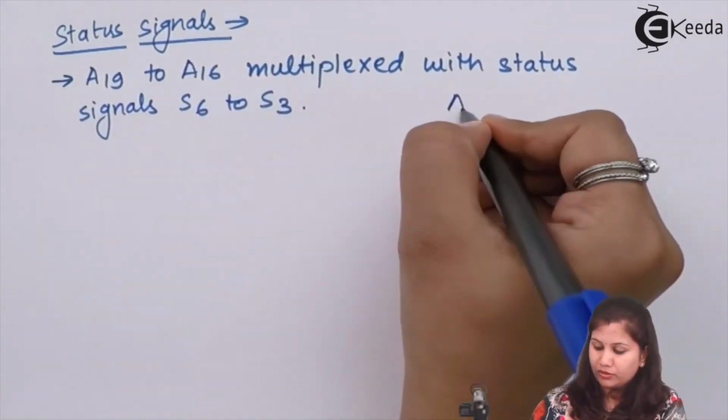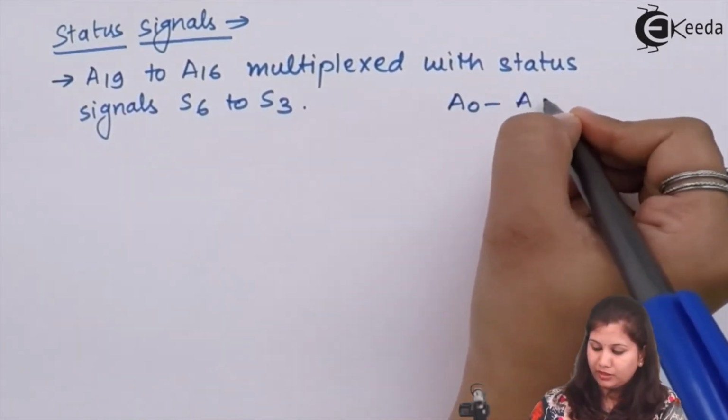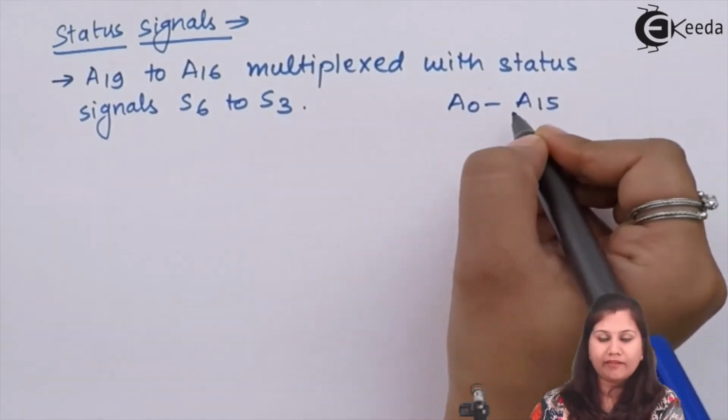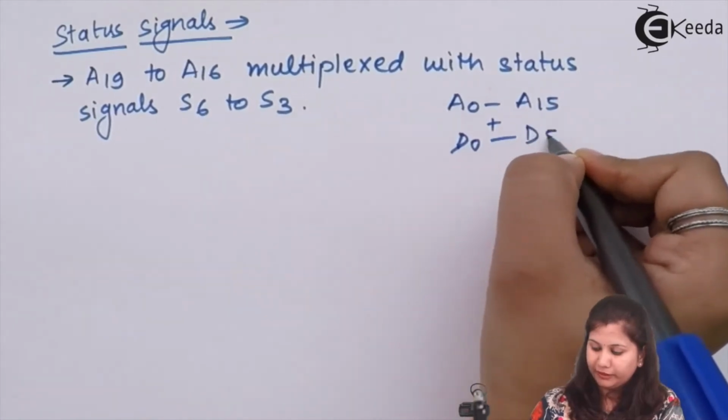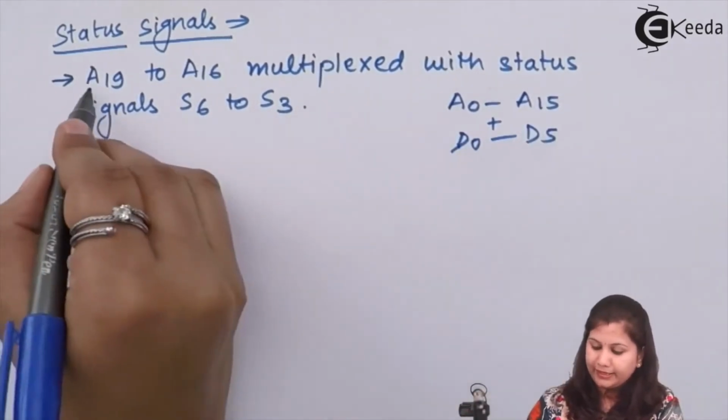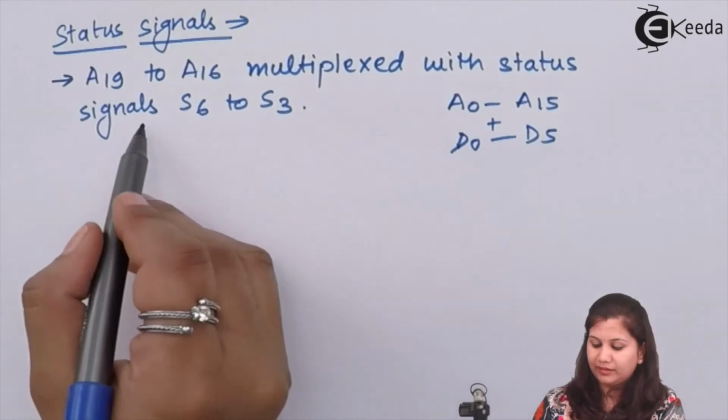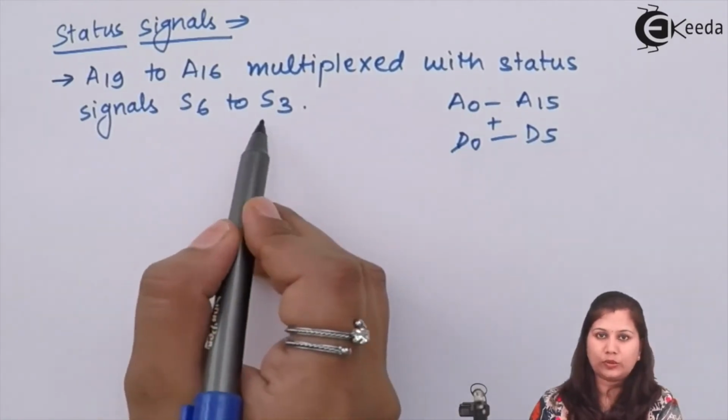So A0 to A15 also has the data on it, that is D0 to D15, and A19 to A16 has the status signals S6 to S3.